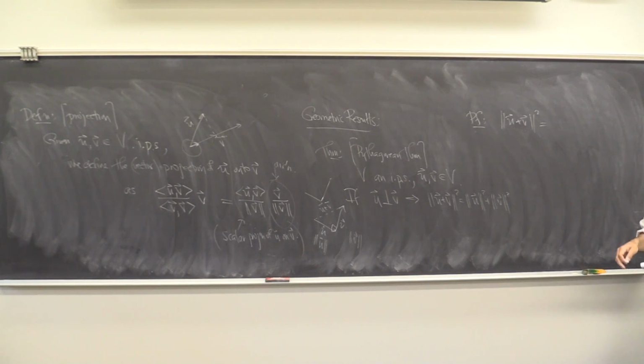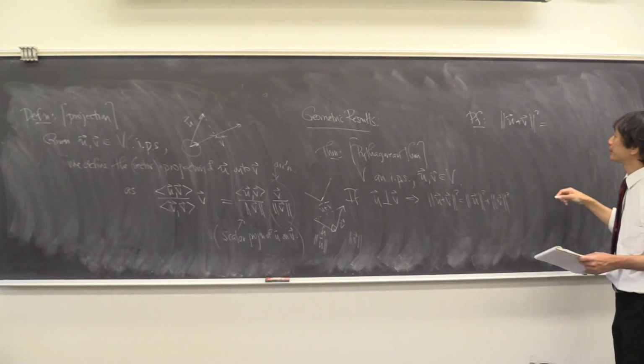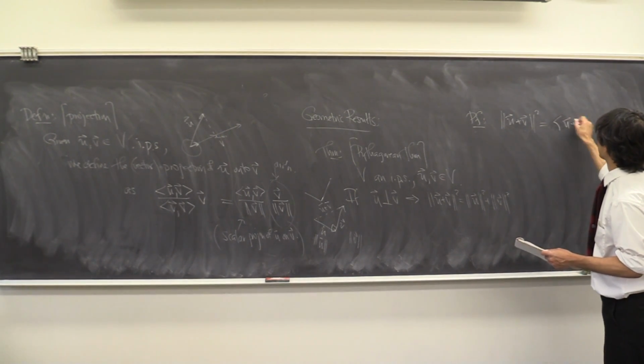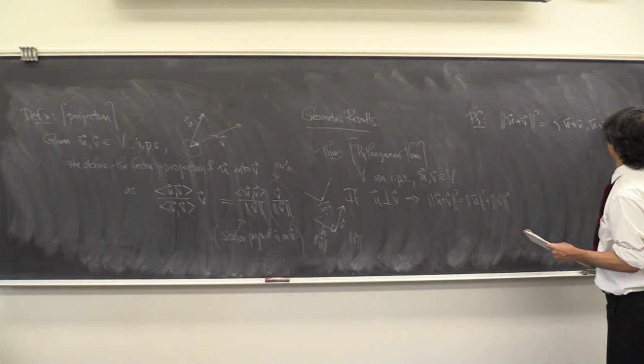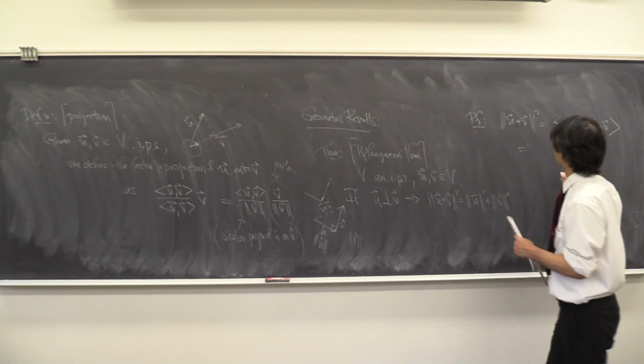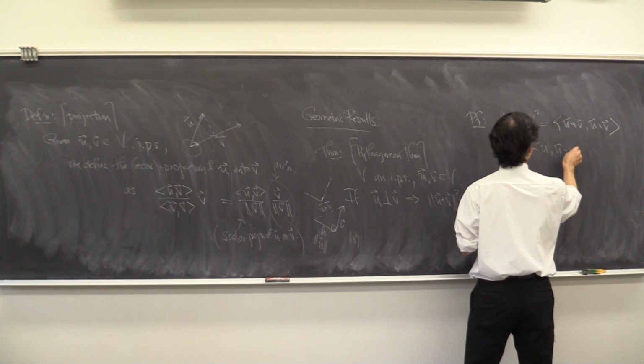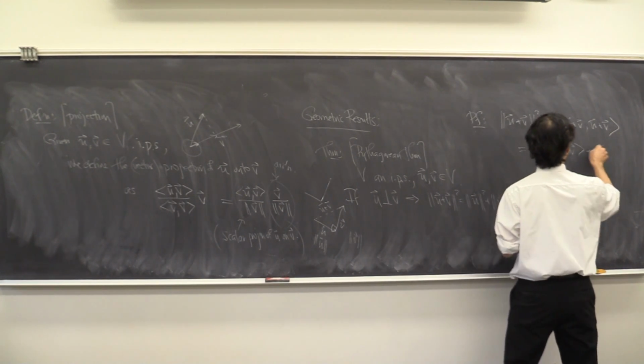Kate? I think so. You can expand it to be the inner product of u plus v with u plus v. Exactly. Then I split that into the inner product of u with u plus v plus v with u plus v.